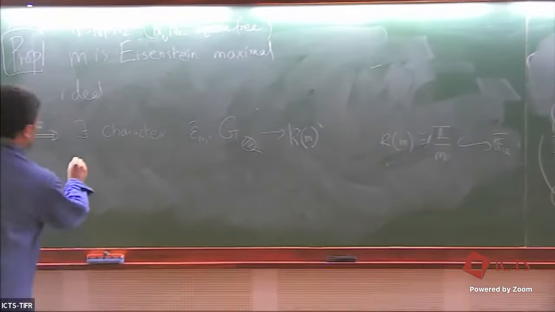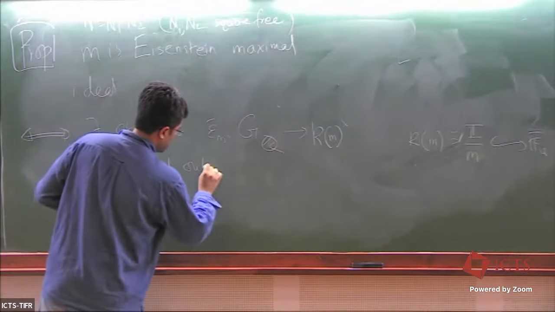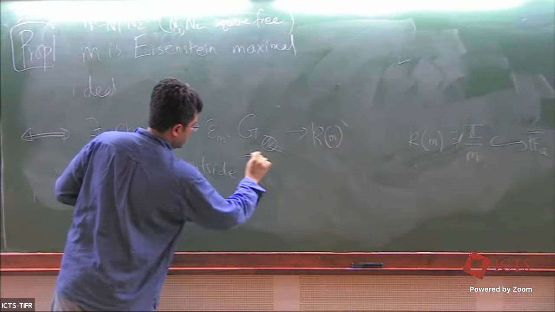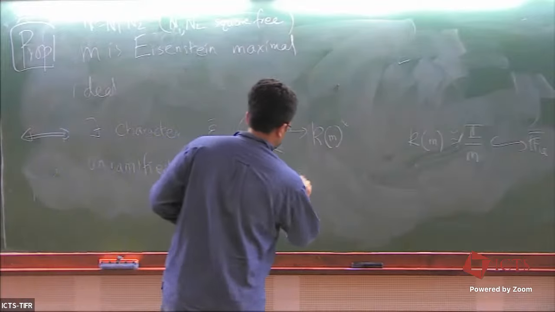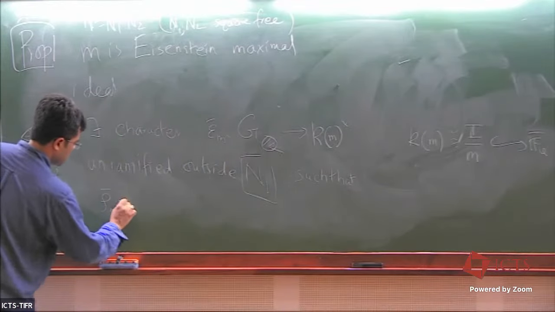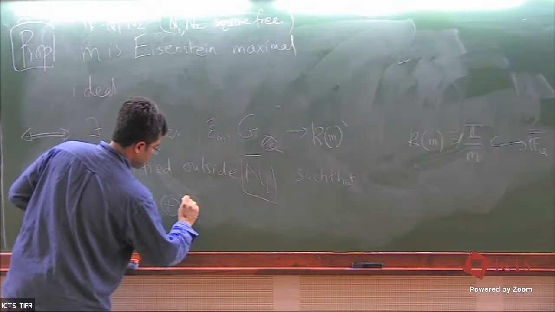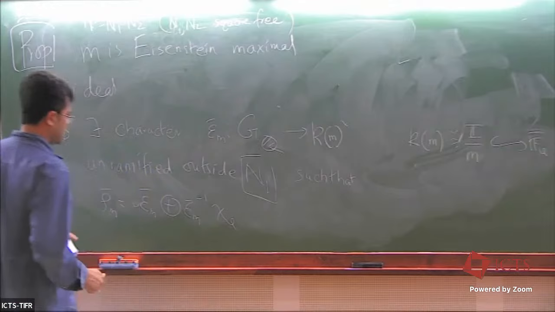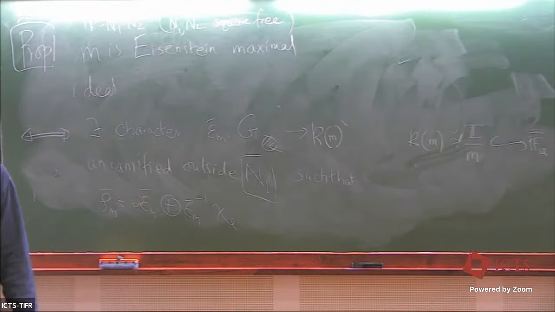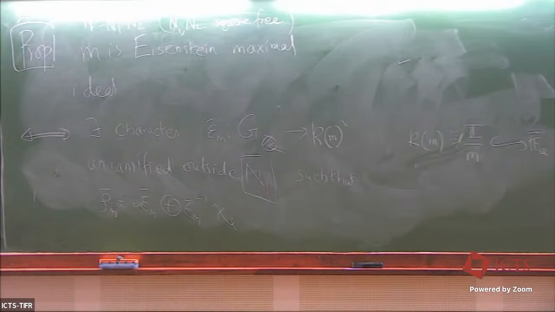Unramified outside n1, this is the crux of this proposition, such that rho M bar is epsilon M bar direct sum the inverse of phi M. These are inverse to each other because we are in the gamma naught case. In general, there are going to be two characters, but the main point is that I want to have some control on this character. Okay, so I will write a few lines about this proof.